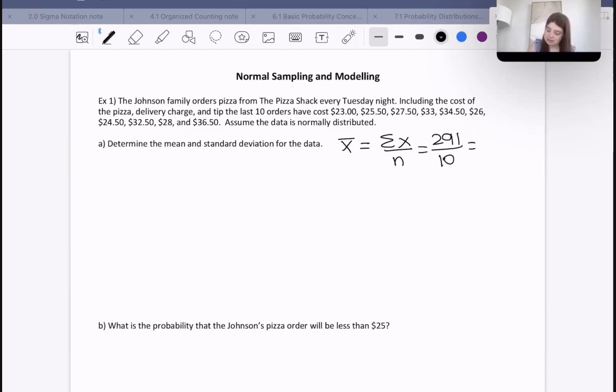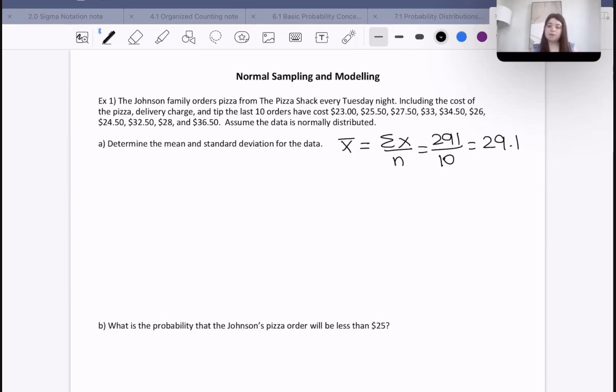So that means the average order, the mean order, cost $29.10, right? $29.10, which sounds about right because there's quite a few nights that it cost them a little bit less, but there's also quite a few where it cost them a little bit more.